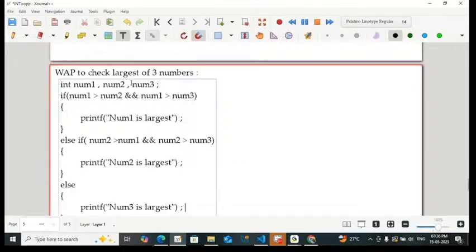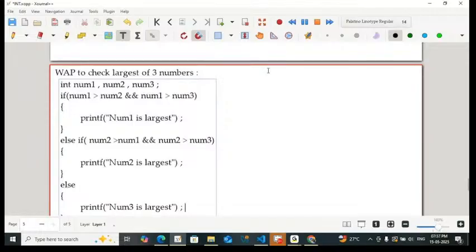So like this, we are going to make use of logical AND to check the largest of three numbers. Whenever I want to check for more than one condition and I want to make sure both the conditions are being satisfied, I have to make use of the AND operator. Okay, logical AND.